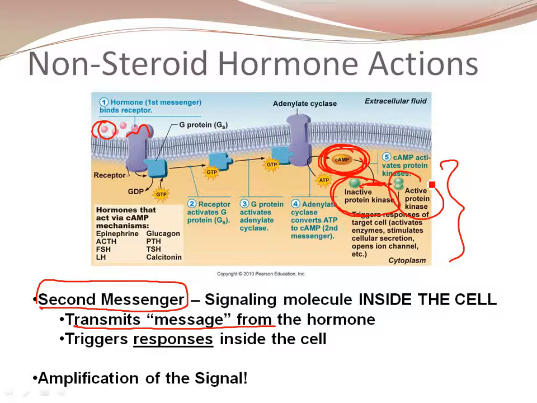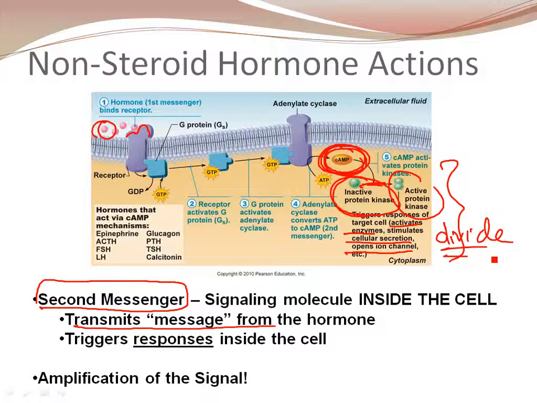Enzymes are chemical workhorses of your cells that can lead to all types of responses. Depending on the hormone, the second messenger, and the target cell, this can lead to activation of other enzymes. It can cause the cells to start secreting something that they weren't secreting before. It can cause ion channels to open. It can cause cells to divide, etc.